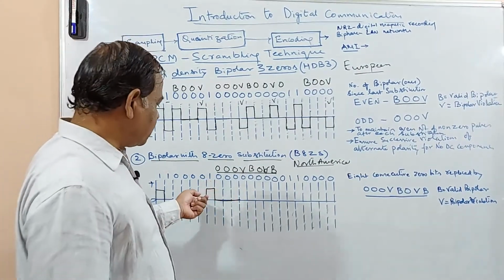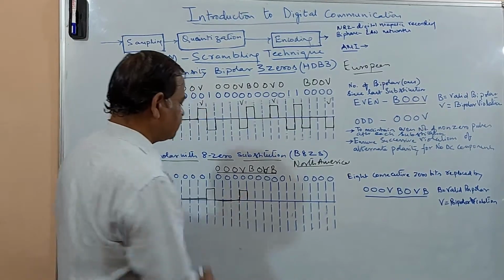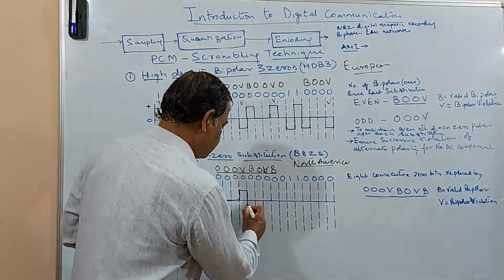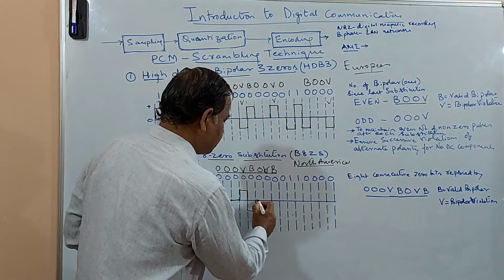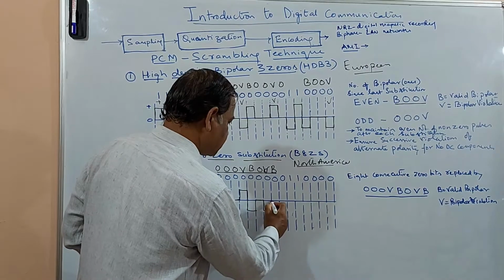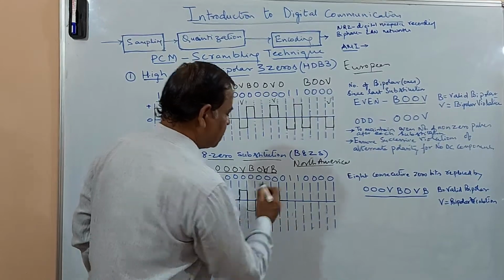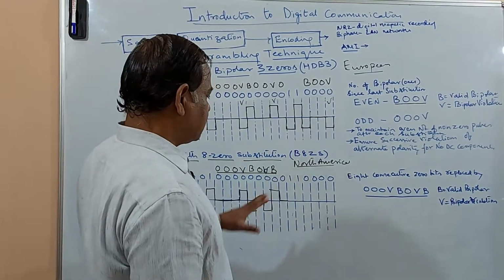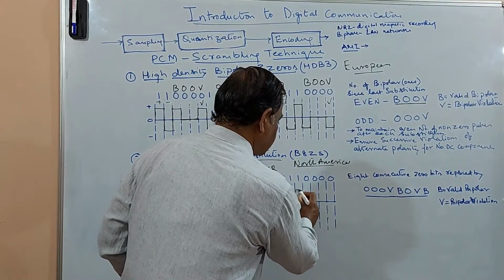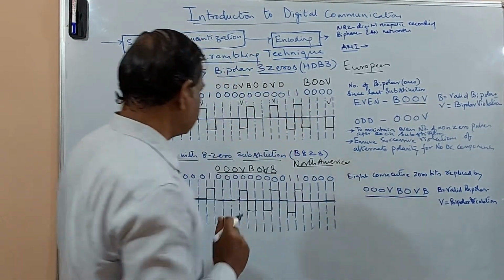Since this is positive, instead of going negative, it has to be positive again. Next, we follow the AMI rule, so this will be negative. Then 0, then one violation, so again this is negative. Then again follow the AMI rule, then 0 again. The next standard is that ones have to follow the AMI rule, so this will be negative, then positive, then finally again 4 zeros. We cannot do anything in this scheme, so this continues.